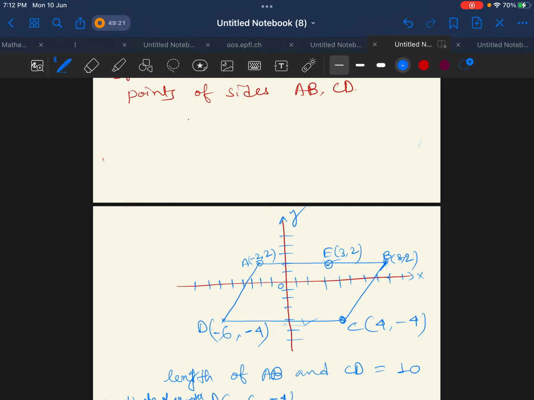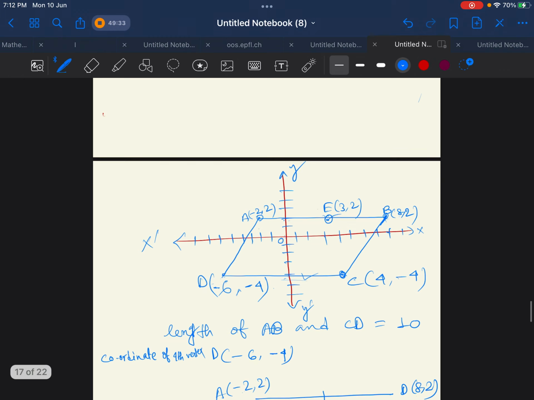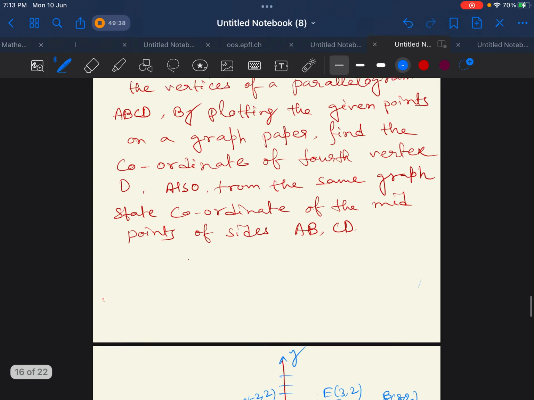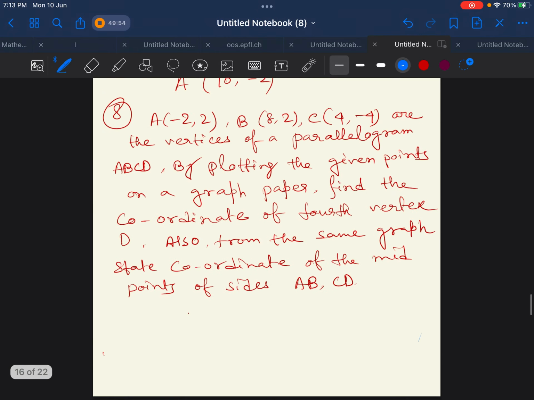First we have to plot a graph here. We will see the graph. So this is XOX' and this is YOY'. Now we have to plot A (-2, 2). Here A: -2, 1, 2, and 1, 2, so (-2, 2).